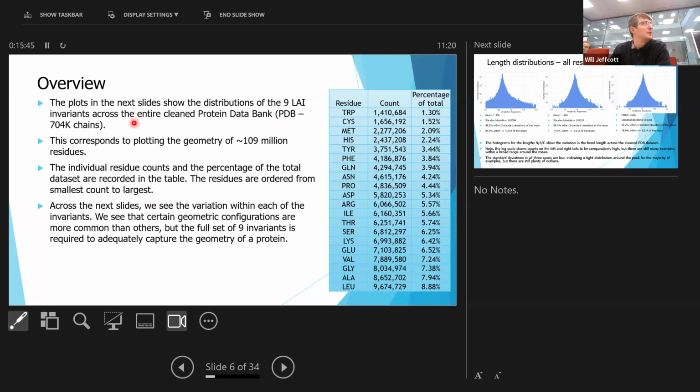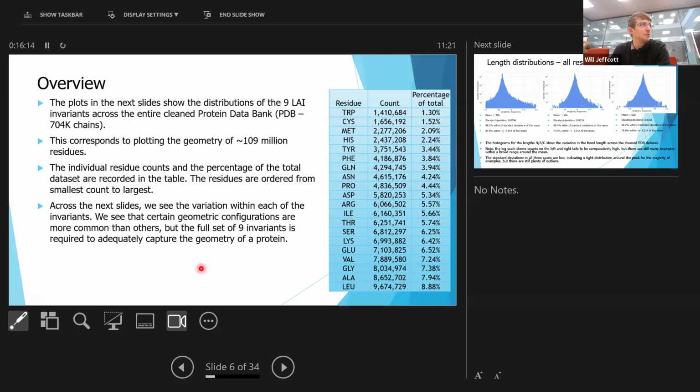This left us with 704 K different chains, which roughly corresponds to plotting the geometry of 109 million residues, which we can see the counts of here on the right. We've got them ordered from least common to most common residue, and then the respective counts and the percentage of the total data frame that we looked at.